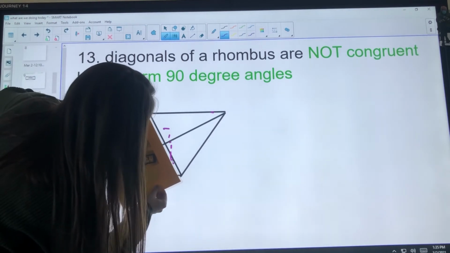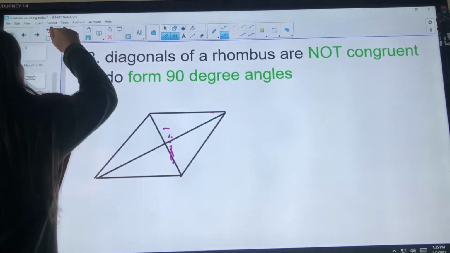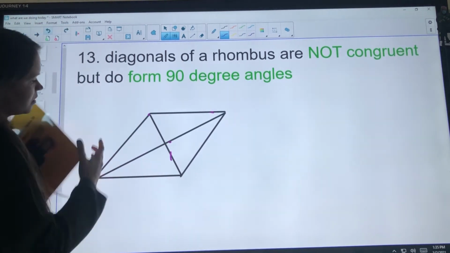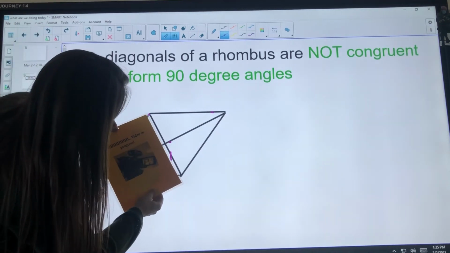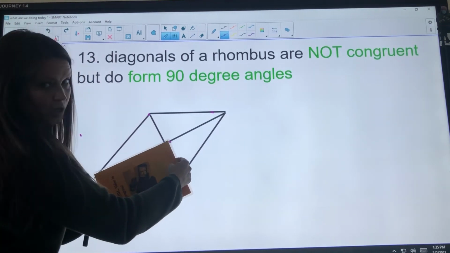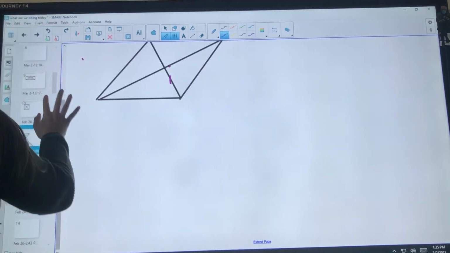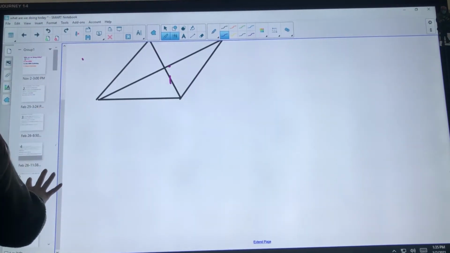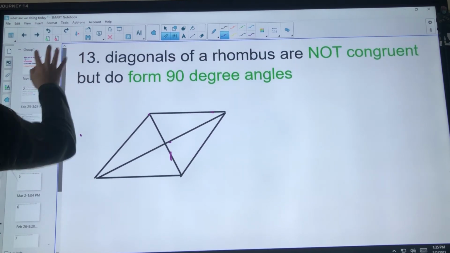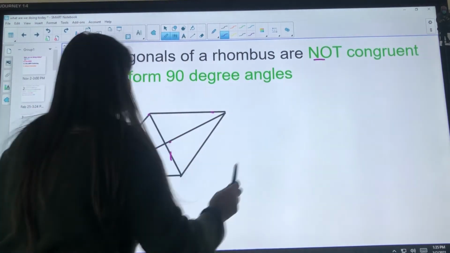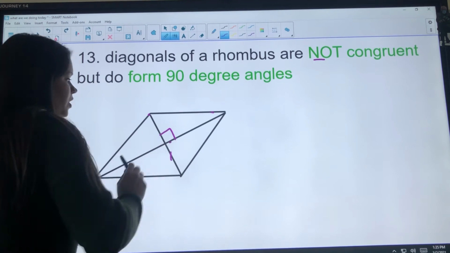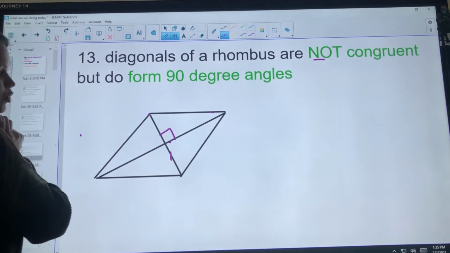See, this is shorter than the length of my paper, and this is way longer. So because it's slanted, it's going to have a long diagonal and a short diagonal. Oh, good. So they are not congruent, but they do form perfect perpendicular lines.